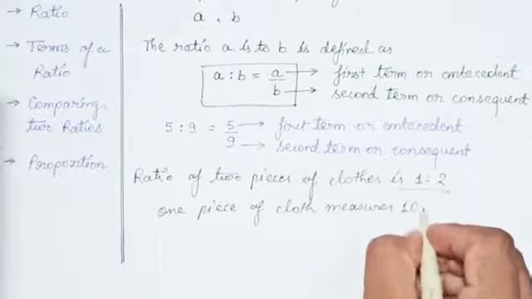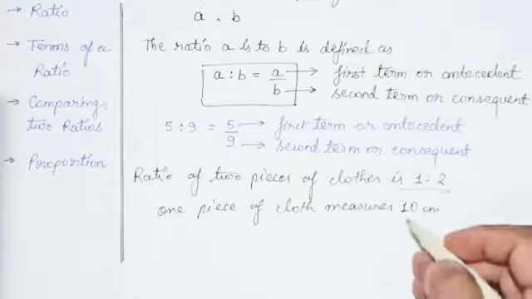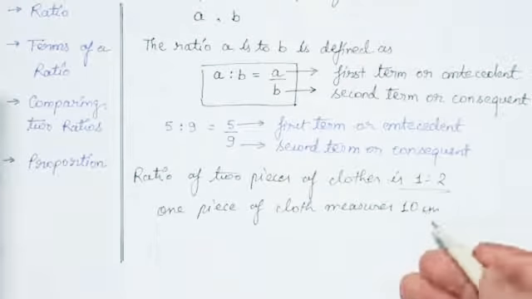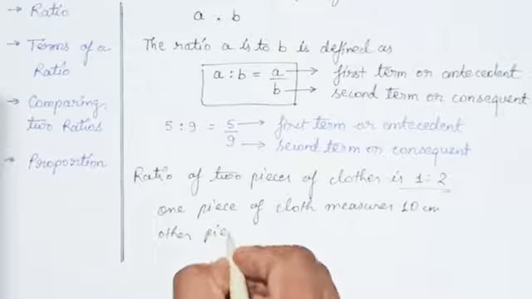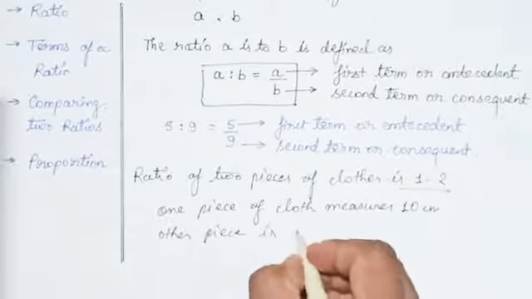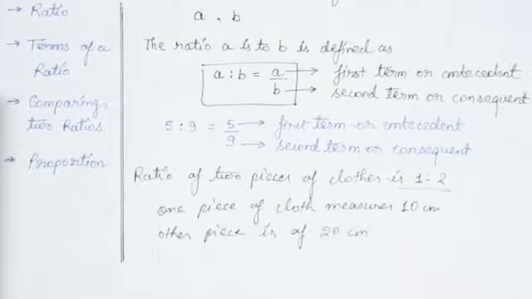10 centimeter, then the other piece must be equal to twice of this length, that is 20 centimeter. Why?